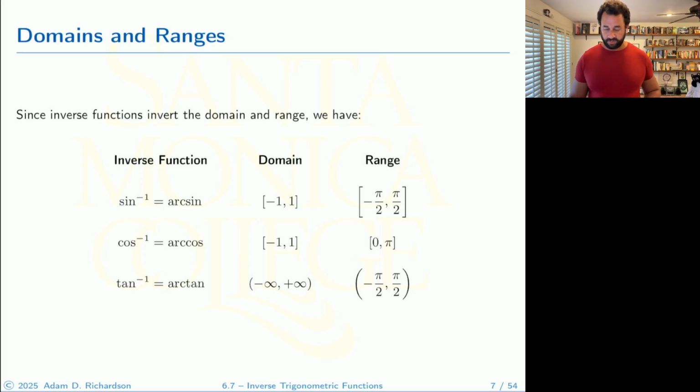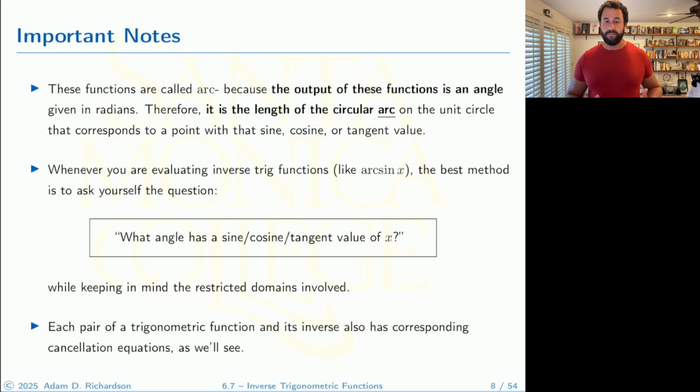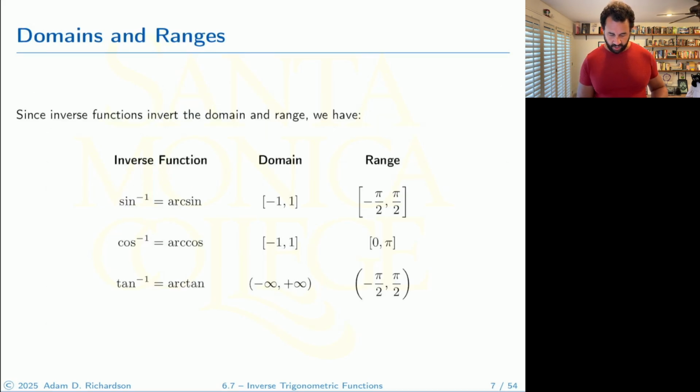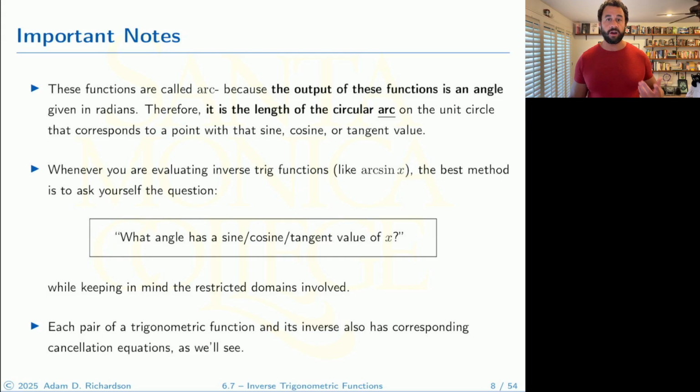Now, some important notes about this. You might have noticed that these are called arcsine, arc cosine, arc tangent. The reason they're called arc is because the output of these inverse functions is an angle given in radians. So this is the first important point that you want to nestle in your brain. The output of an inverse trig function is an angle.